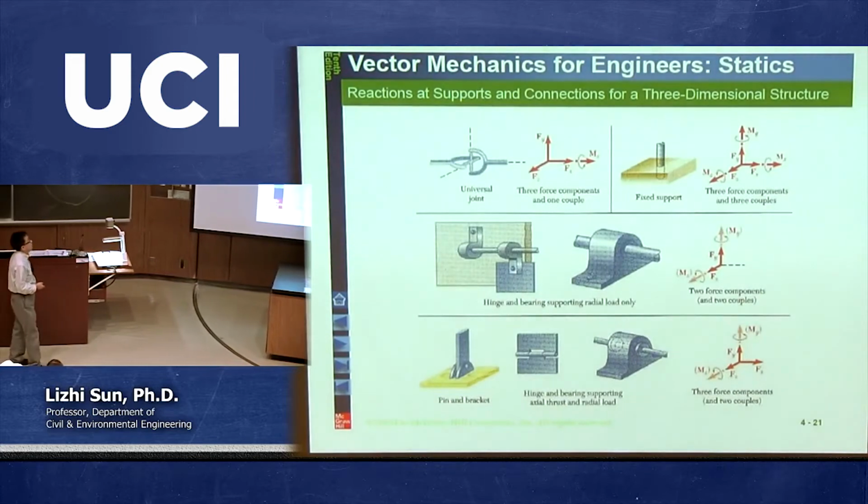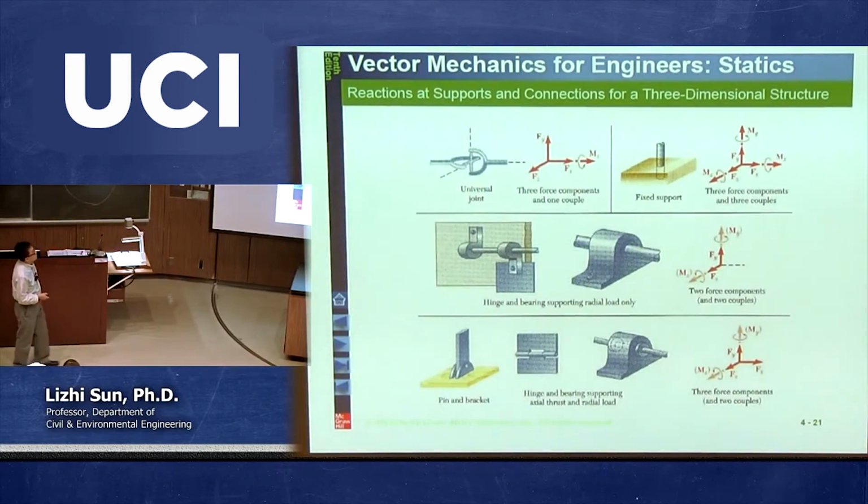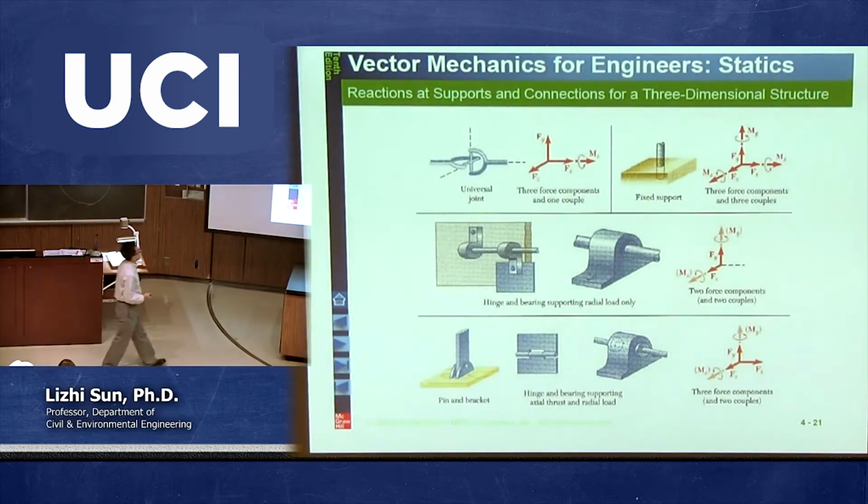If we go further to look at some more complex supports, sometimes we have to consider the reaction. For example, when we have what we call the universal joint, this we have to have some imagination. At this point, obviously, you cannot move in all three directions, so you have these three resistances in terms of forces.